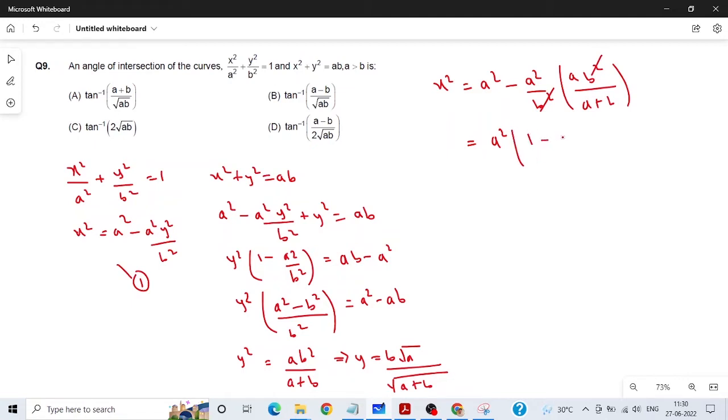We are left with a²(1 − a/(a + b)), which equals a²b/(a + b). So this is our x², and the value of x is a√(b/(a + b)).